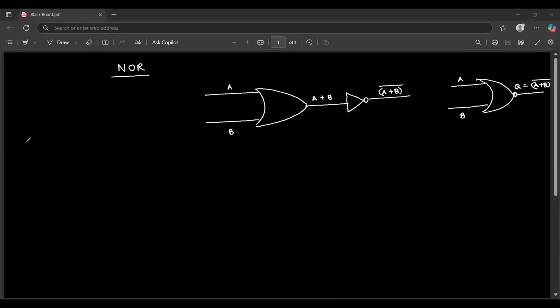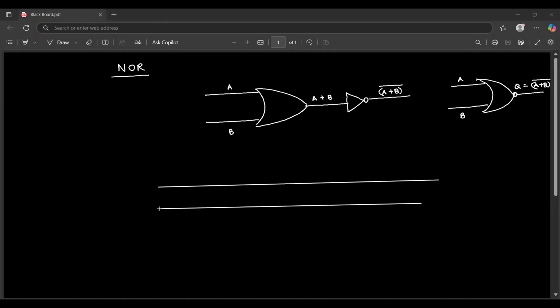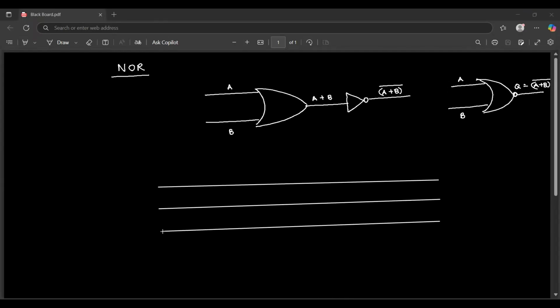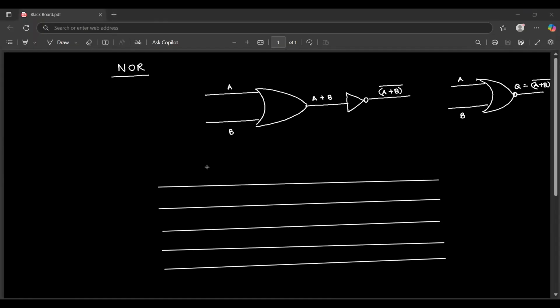So let's look at the truth table. Since we have two inputs, we have four combinations. We'll draw them, and we have A, B, A plus B, and then A plus B whole thing bar.